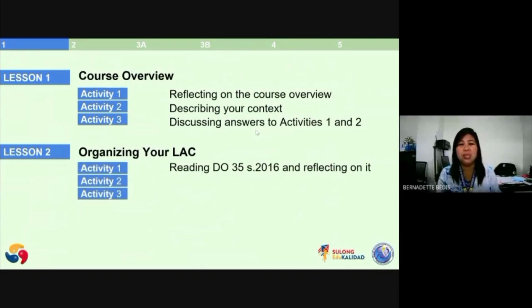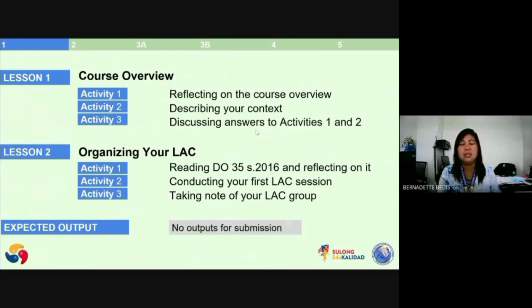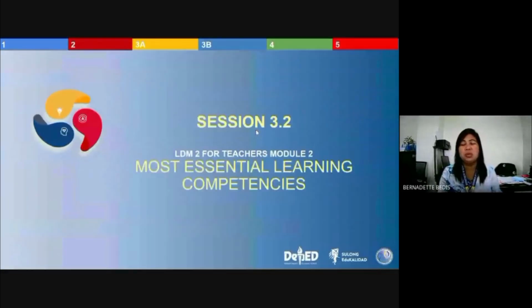Activity 1 is reading DepEd Order number 35, series 2016, and reflecting on it. Activity 2, conducting your first LAC session. Activity 3, taking note of your LAC group. Expected output, none. Session 3.2 is all about the most essential learning competencies, or the MELCs.